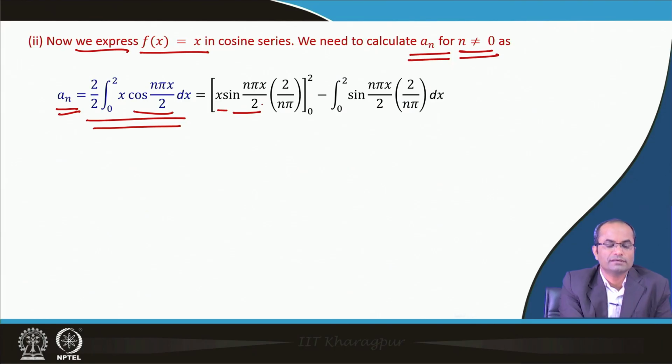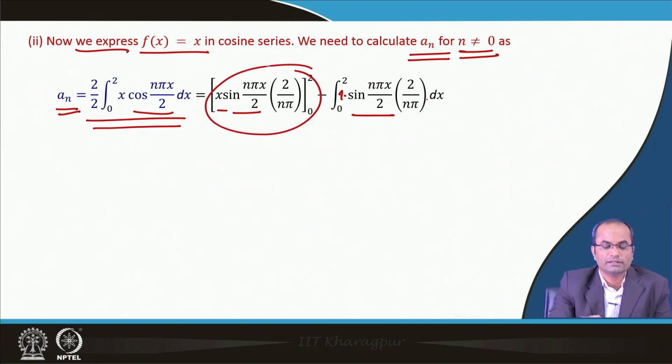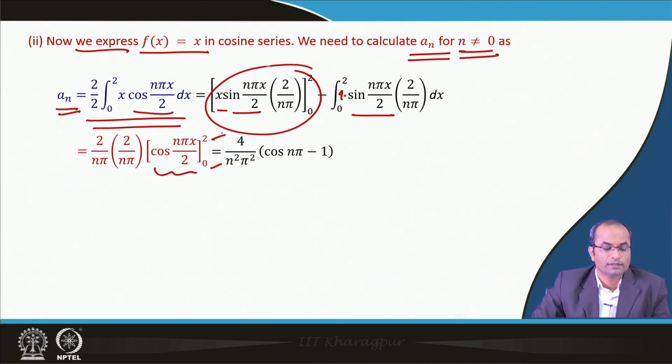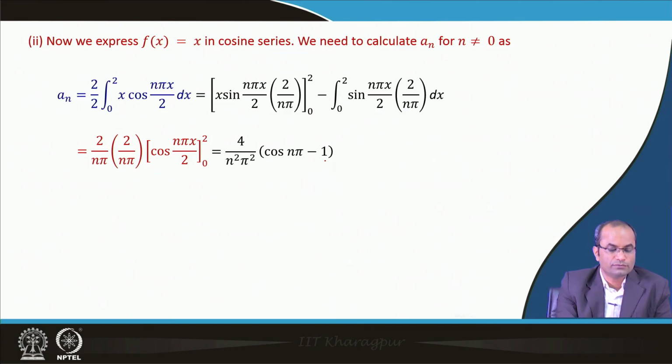So, x and then we will get sine there, and the differentiation of x will be 1, and then we have to integrate again to get this cos term, with the limits from 0 to 2. After substituting this limit, we are getting 4 over n squared pi squared times (cos(n pi) minus 1). So, we have the coefficient here for a_n as well.